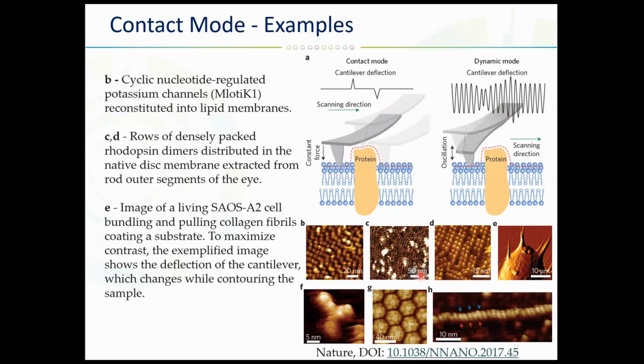So this is 50 nanometers and this is 15 nanometers. So the feature of the rhodopsin is that it is very highly packed on the membrane surface. I will talk about rhodopsin again in this lecture.